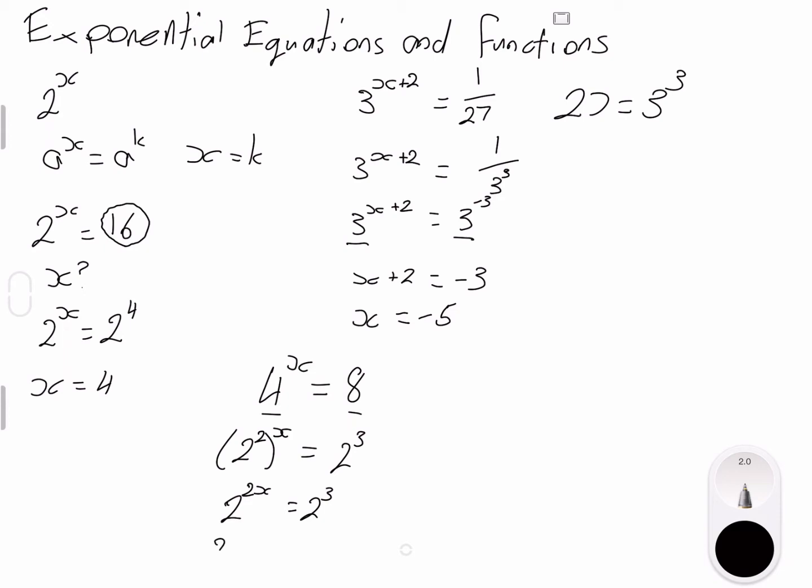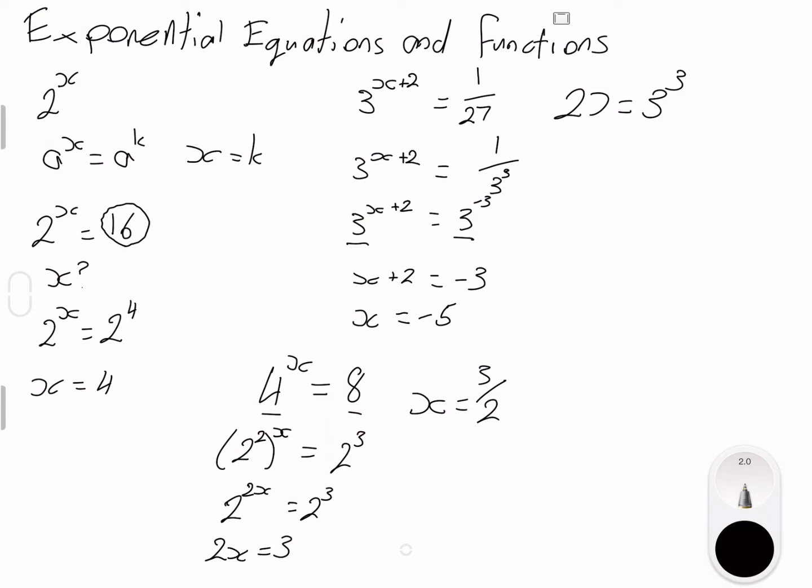So we're going to have 2x being equal to 3, which means that x is going to be equal to 3 on 2. And that's how we solve these ones. It is just recognizing that 4 and 8 can be reduced down to 2 to the power of something. And most numbers will be able to be reduced down to something like that.